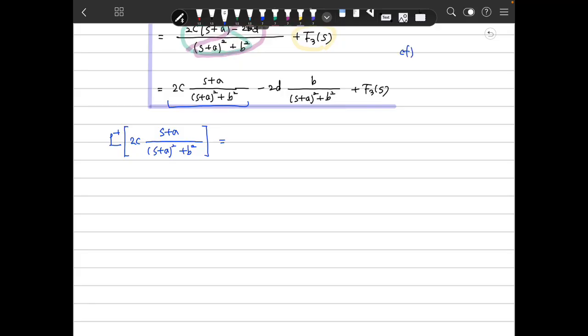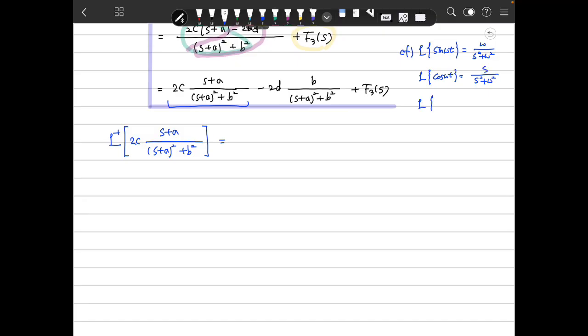That is, Laplace of sine omega t is omega over s squared plus omega squared. Laplace of cosine omega t is s over s squared plus omega squared.